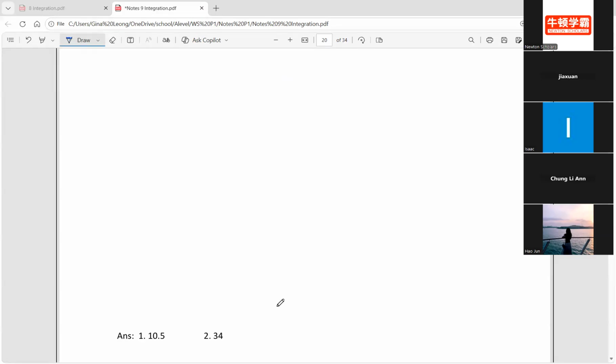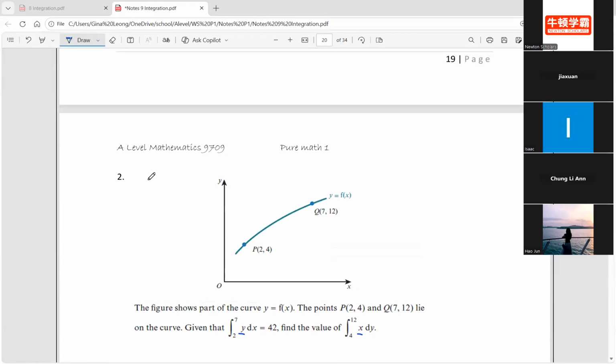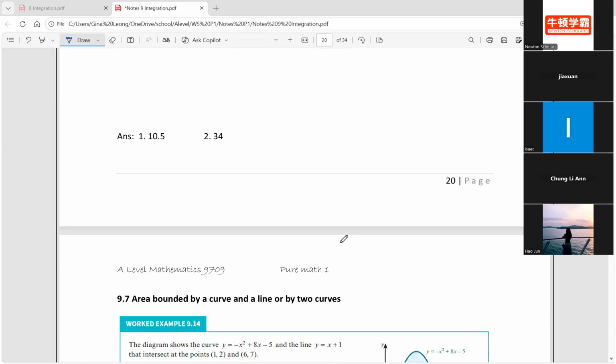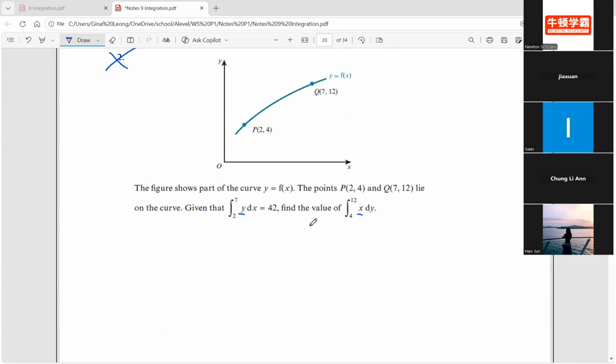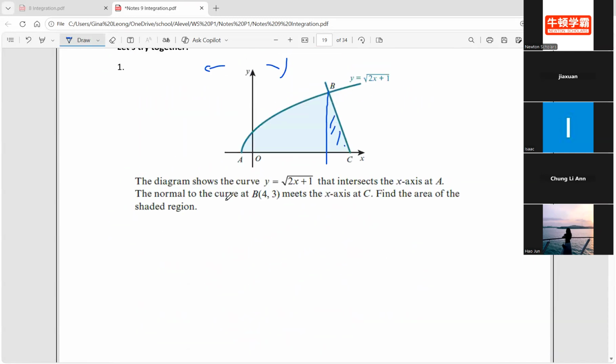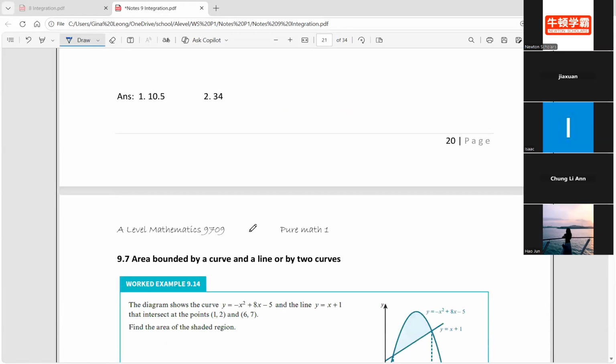Some of the question is missing, so this one no need to do. I think he asked you to find f(x), but he never gave you anything. But this other one can be done. I asked students to do this one before.